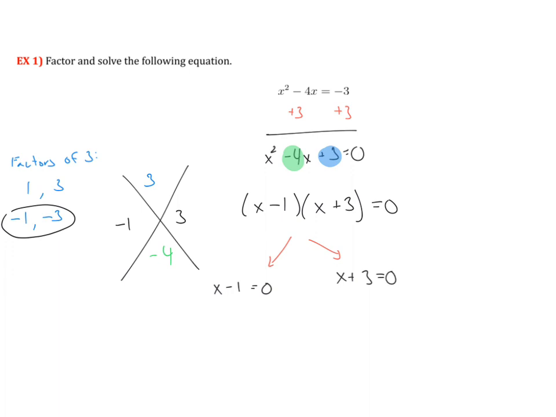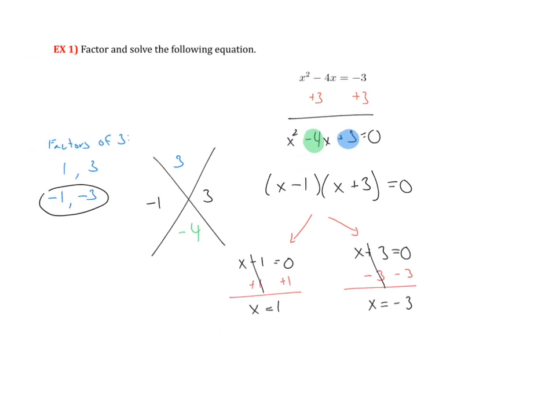Okay, and then from here, we can go ahead and solve each one. We're going to add a 1 here on both sides. And that gives me x is equal to 1. And then on the other expression, I'm going to subtract 3. And this gives me x is equal to -3.